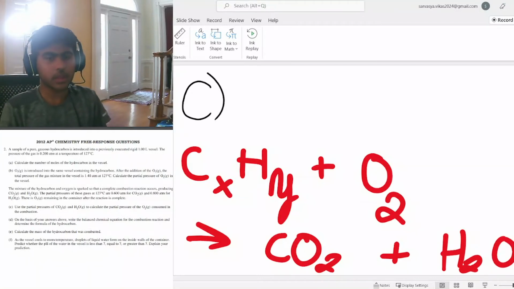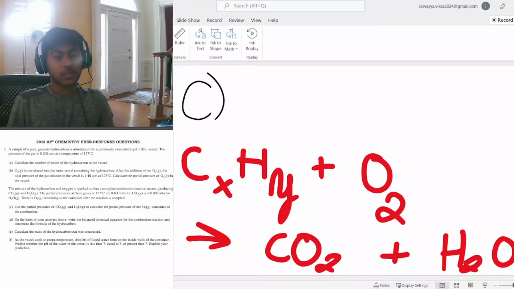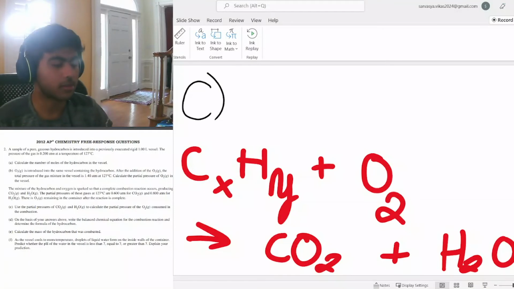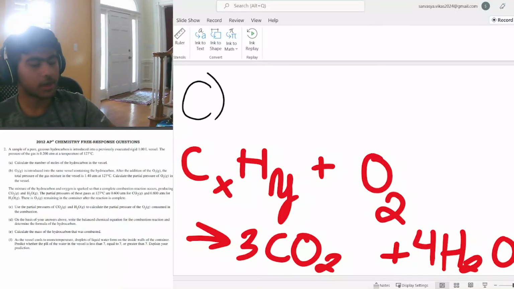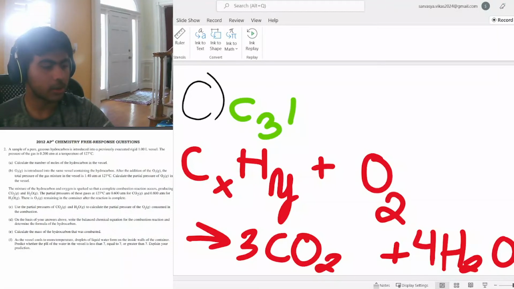Well, we have 0.2 atmospheres of the hydrocarbon, and we have 0.6 atmospheres of the carbon dioxide. So we have 3 times as much carbon dioxide as hydrocarbon, so we're going to put a 3 here. And then for the H2O, we have 4 times as much as the hydrocarbon, so it's going to be a 4 here. Alright, so the 3 carbons, the 8 hydrogens, that's going to make this hydrocarbon C3H8, but we really don't care about that.